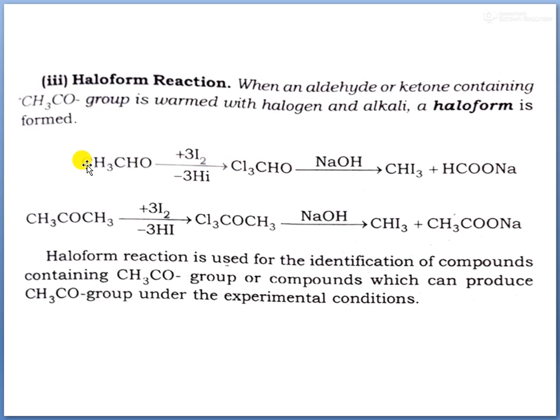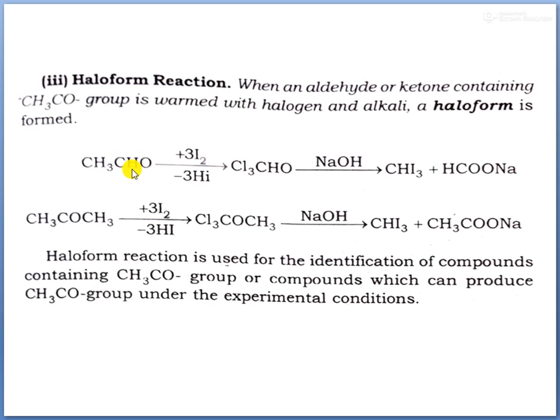This aldehyde or ketone should have a CH3CO group. The CH3CHO molecule has a CH3CO group, that is a terminal part. There is a CH3 group attached to a carbonyl group. So only this type of compounds will give the haloform reaction.